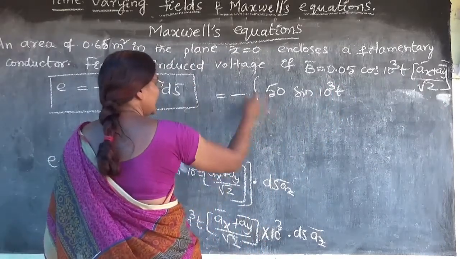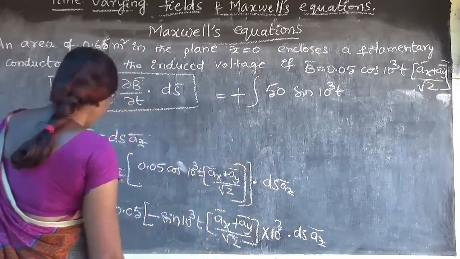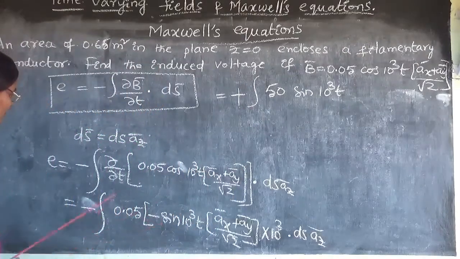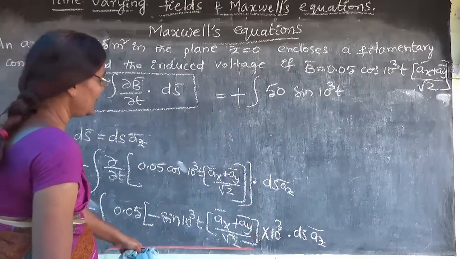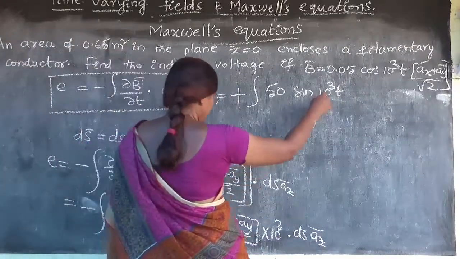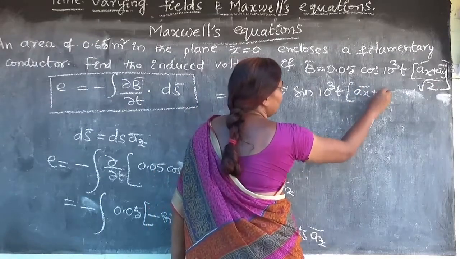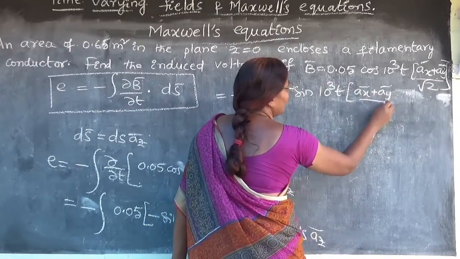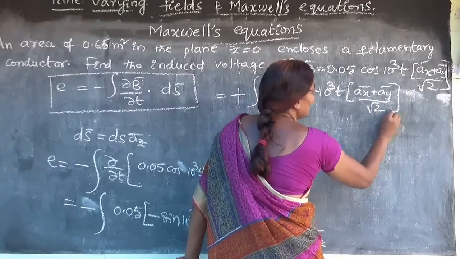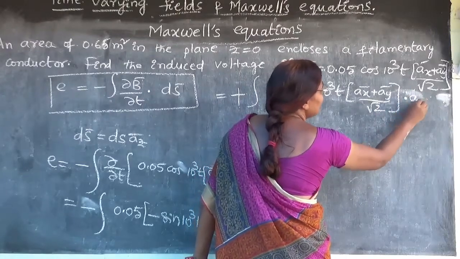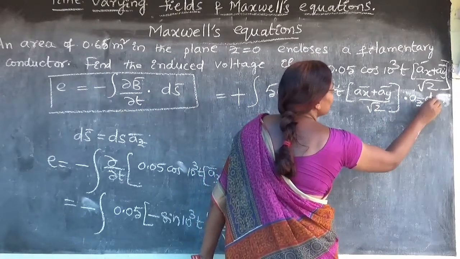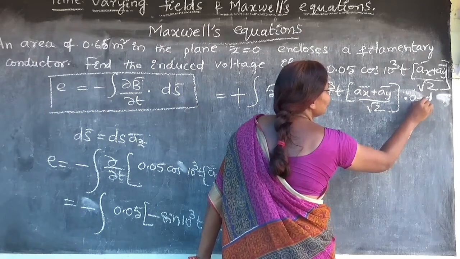Minus into minus will become plus. Already there is one minus here and one minus there, those two cancel and become plus. So write plus sin 10 cube t into (ax bar plus ay bar) by root 2 dot az bar ds.